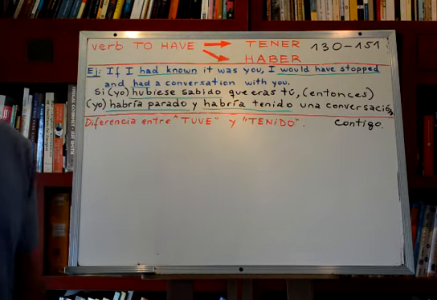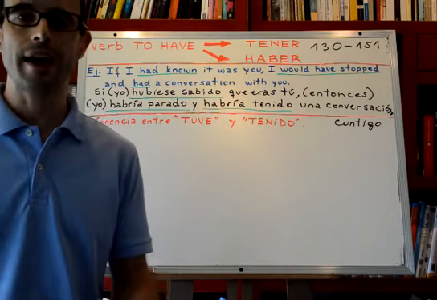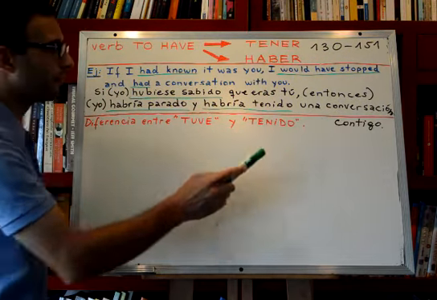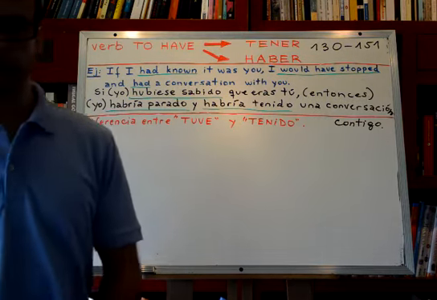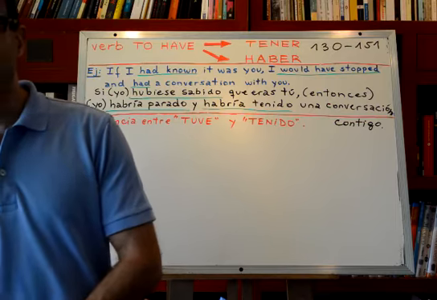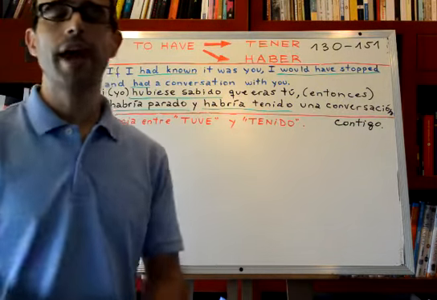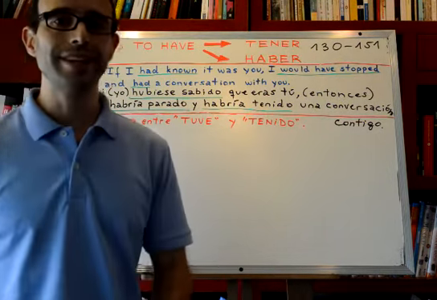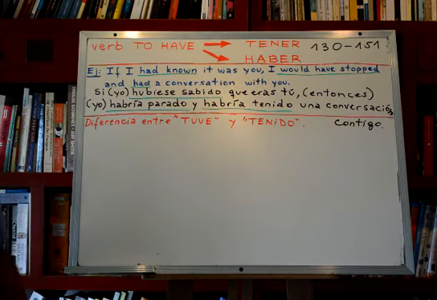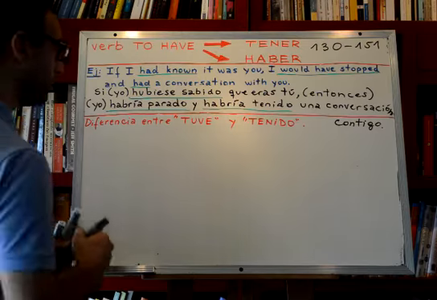Or I have had a black car. Yo he tenido un auto negro, okay? I have had to leave early. Yo he tenido que irme temprano. I have had to leave early.